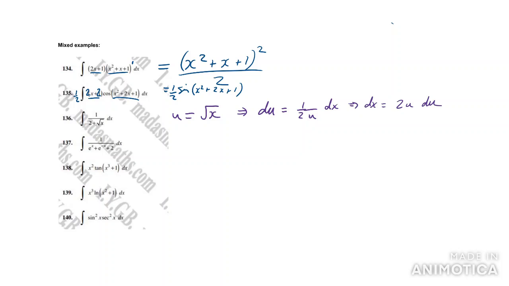Okay, and so subbing that into the integral, we get 1 over (2 plus u) times 2u du. And so that's going to be the integral of 2u over (2 plus u) du.